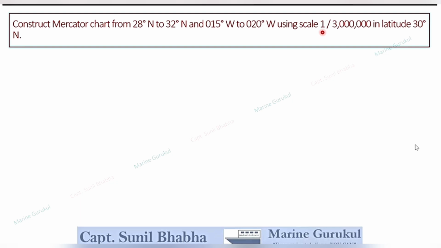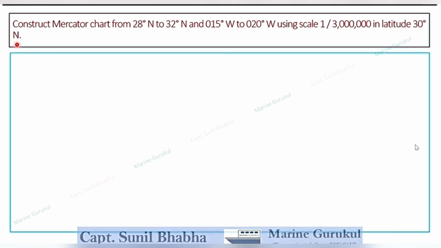Or you can understand it in this way, 3 million centimeters on the Earth's surface will be equal to 1 centimeter on the chart. Now, whenever a scale is given, it will always be referenced to a particular latitude, and in this case, the scale is referenced to 30 degree north latitude.